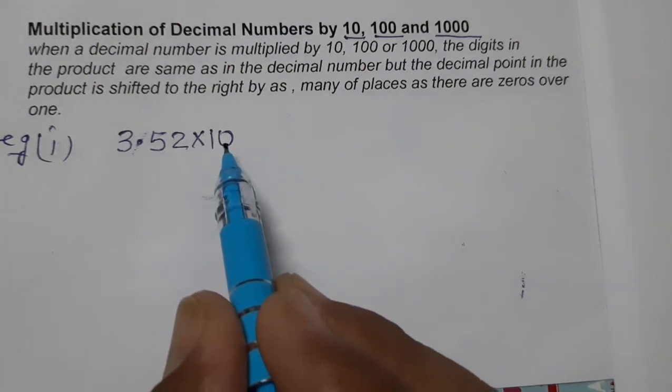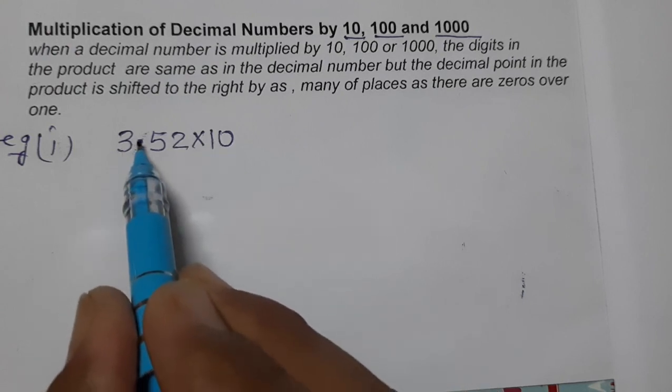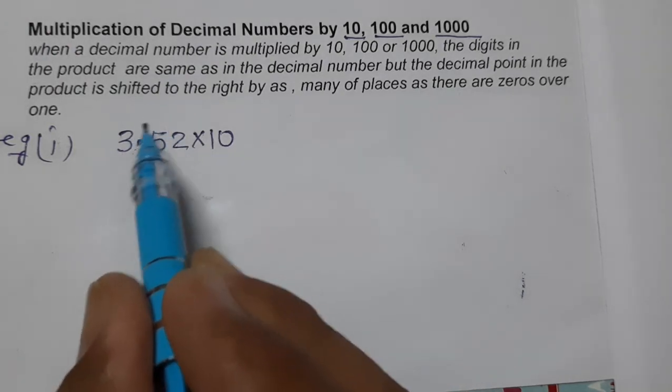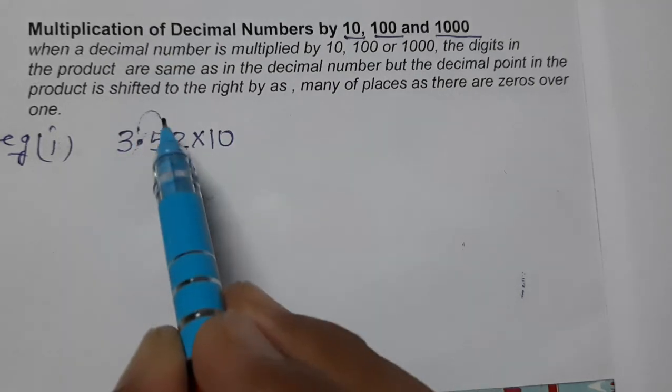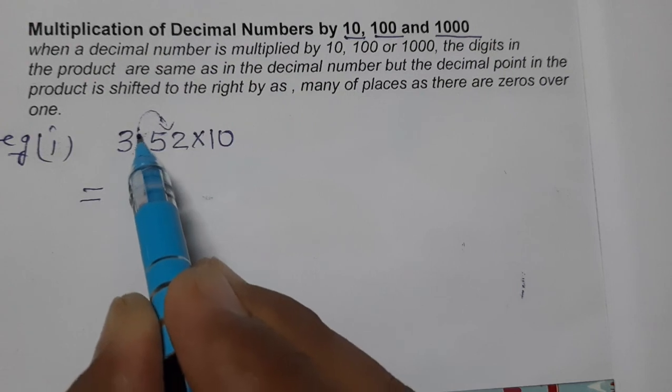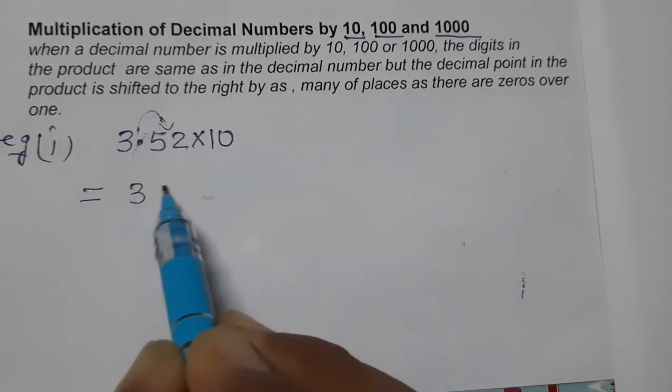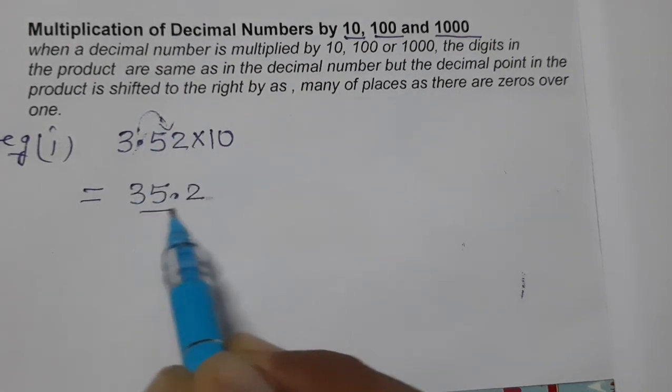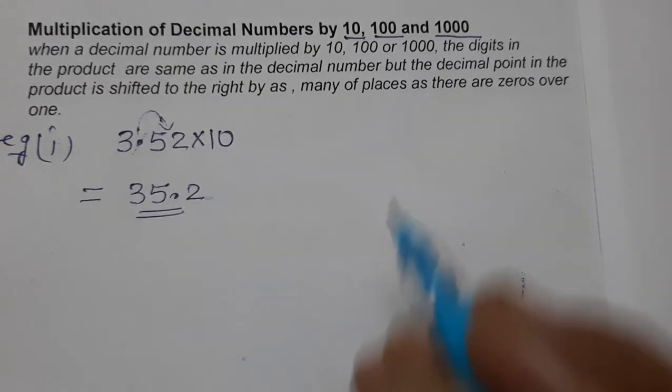Whenever you are multiplying by 10, the decimal will shift one place right. So simply you have to write 35.2.